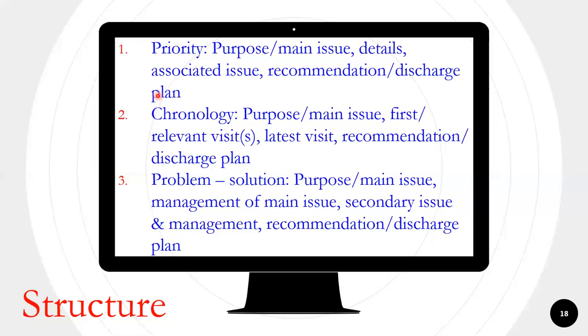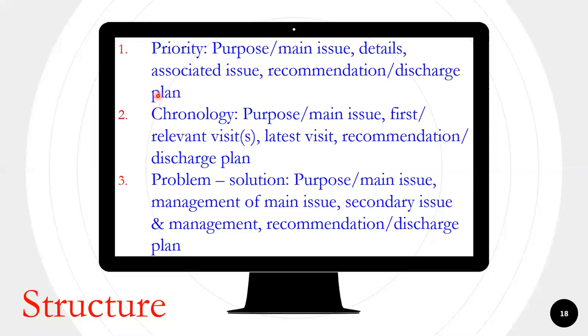The purpose, the main issue should be in the introduction always. Then you come to details of the main issue, associated issue, recommendation, and discharge plan. That is if you're going with the priority format. So you're thinking about priority, which one is very important to help the intended reader take care of the patient very well.